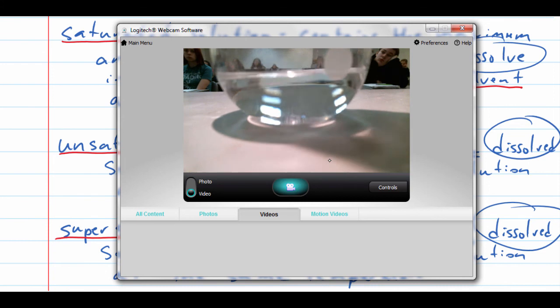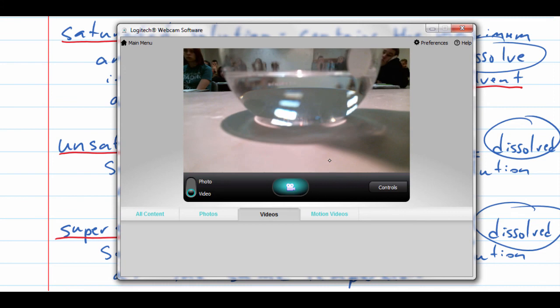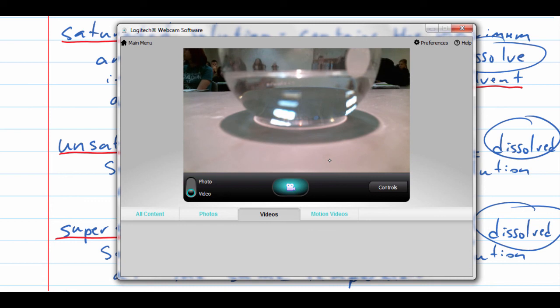And if you're noticing nothing happens, you are correct. You might see the crystals there kind of floating on the top.